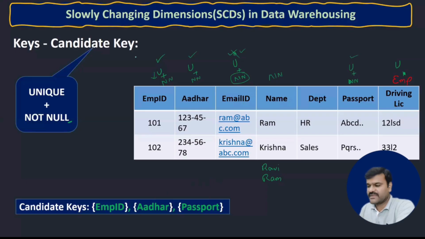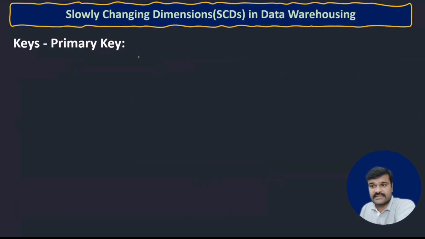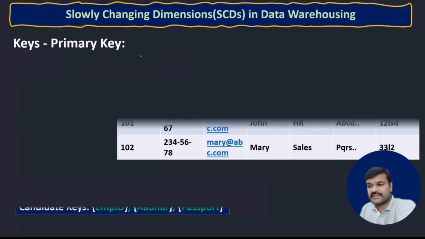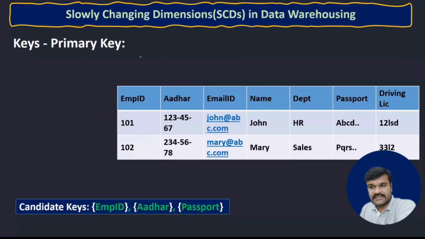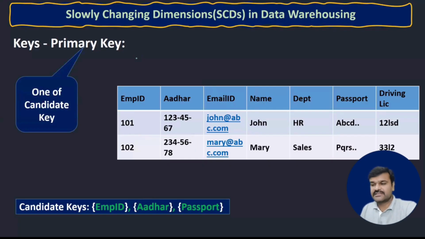That's all. Now if you go to the next, that is the primary key. The primary key is very simple really. This is from the candidate keys discussion only. One of the candidate keys is going to become the primary key. Take a simple example: suppose there is a contest, just like elections.